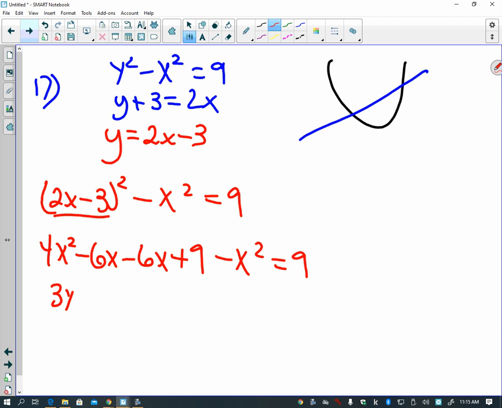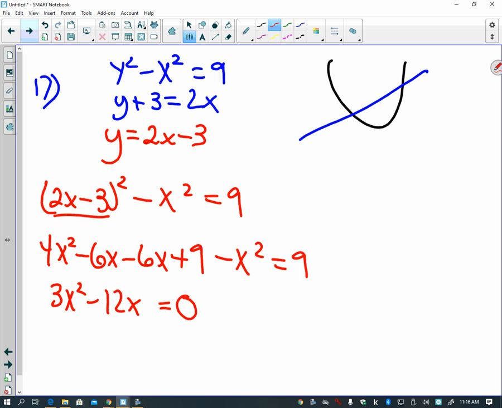Right, you can combine like terms. You're going to get 3x squared minus 12x plus 9, and you've got a 9 on the other side. So we subtract 9, which gives you 0 equals 0.